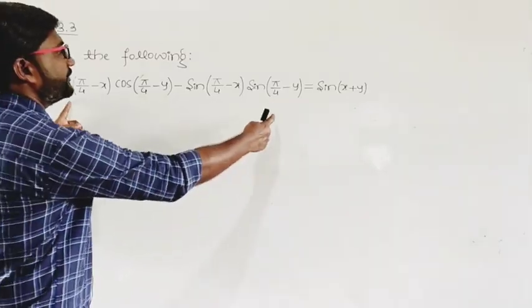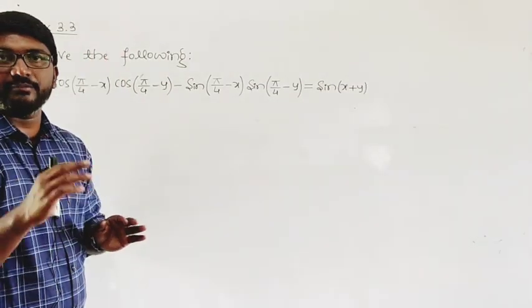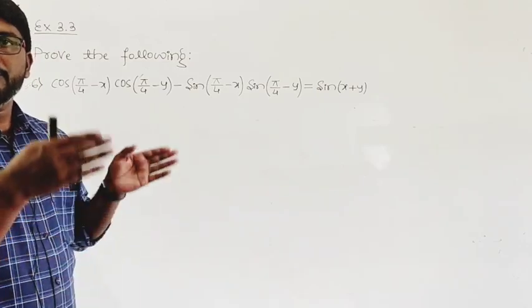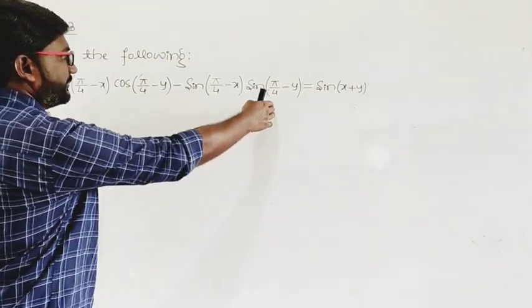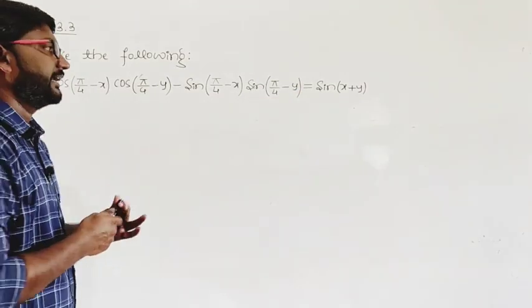So we have to take this as LHS because it says prove the following. Whenever you have prove that or show that, we take whatever is on the left hand side as LHS, and at the end we should get the answer as RHS.